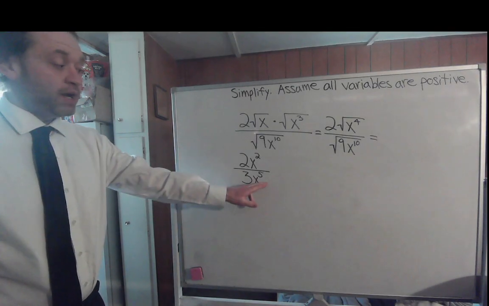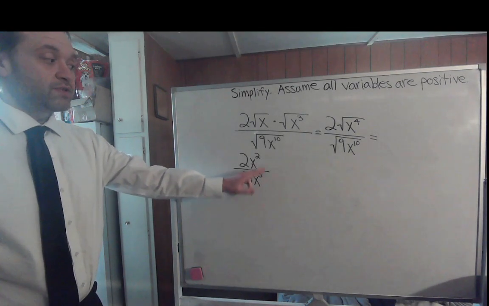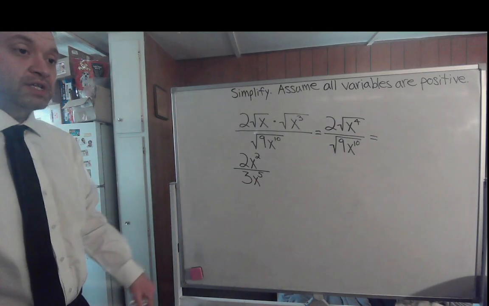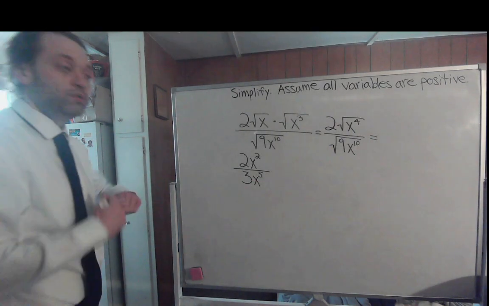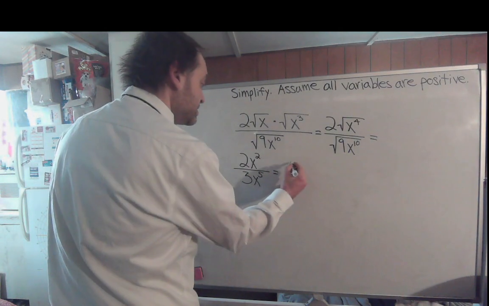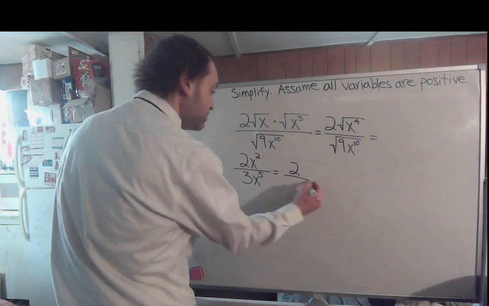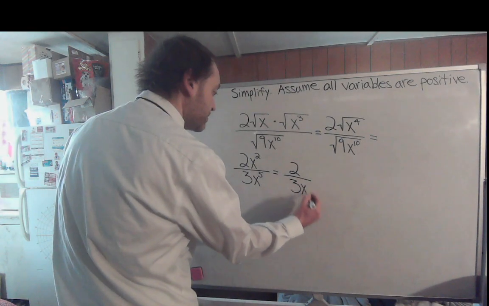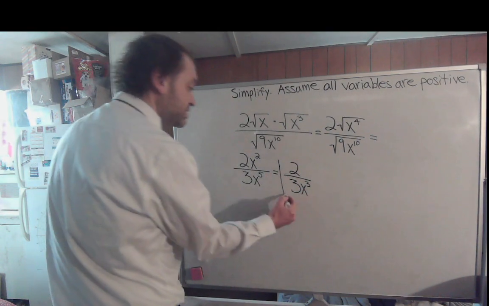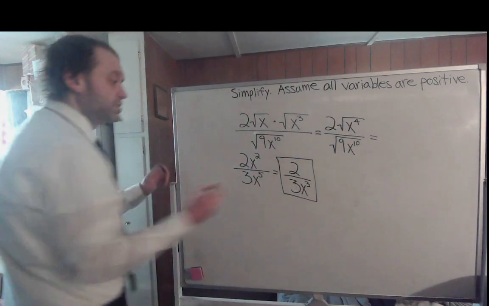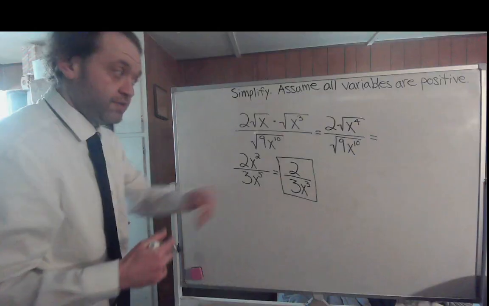Well, definitely the power in the denominator is greater than that of the numerator, so the x will favor the denominator. So 5 minus 2 is 3. So this would simplify down into 2 all over 3x to the third. And that would be the best we could do to simplify this. You'll end up with 2 divided by 3x to the third.